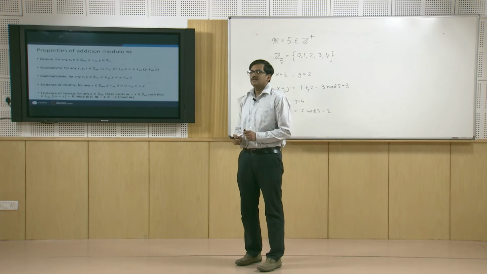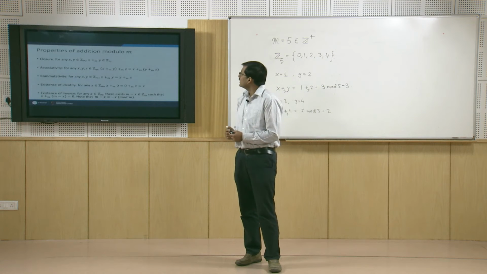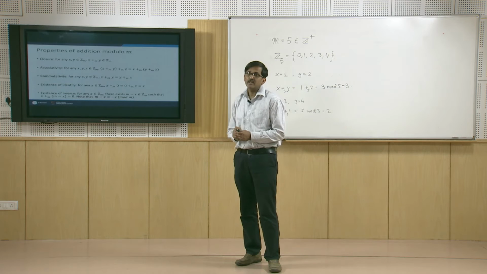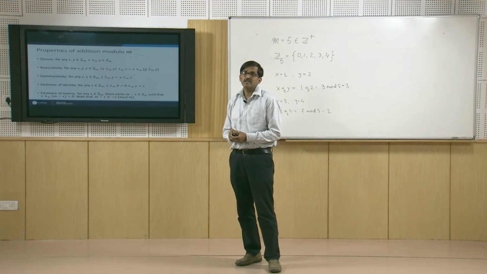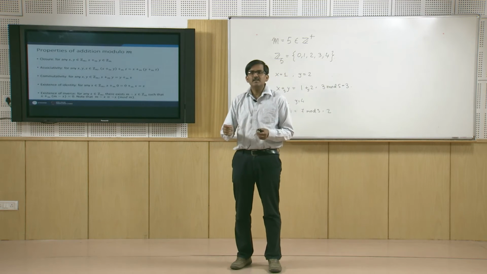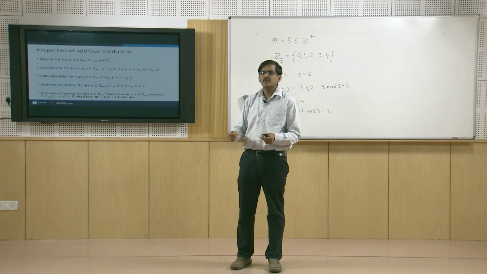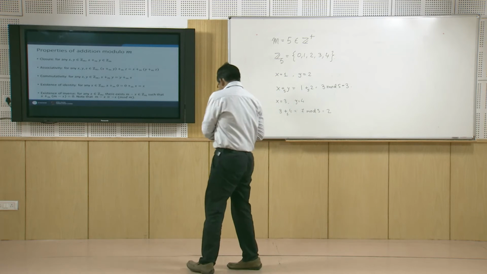Now, there are several properties of modular addition and modular multiplication. We will list these properties, we have to know these properties, and we can check these properties on our own with small numbers. So, let us see what properties are there.